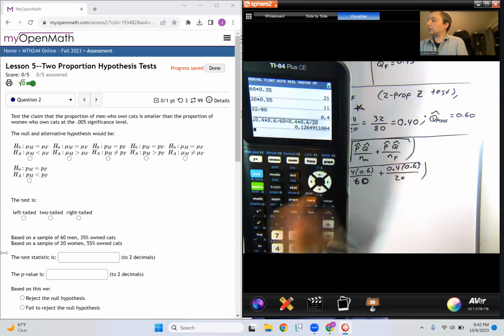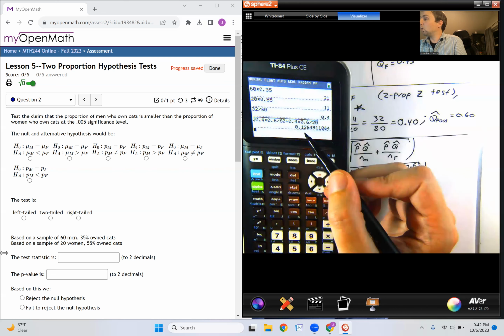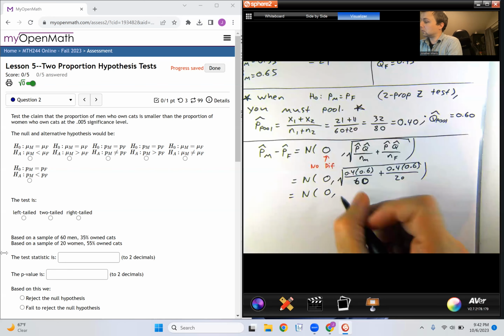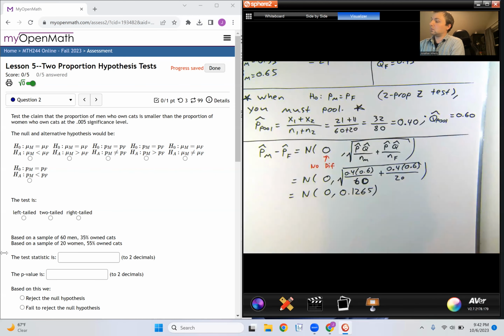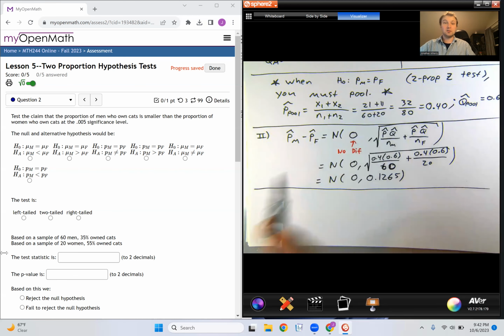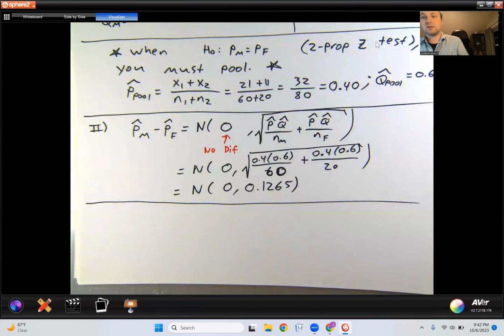I get a standard deviation of 0.1265 or so. So I have my hypotheses, I have my model. I'm going to move on to the third step, which is calculating the p-value. And let's take a look at that in detail.